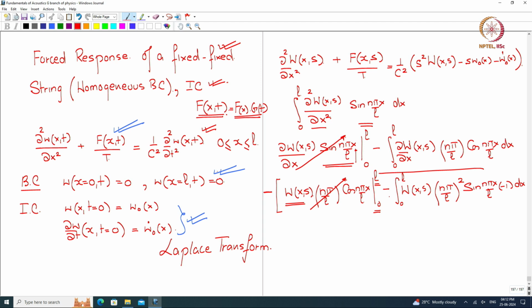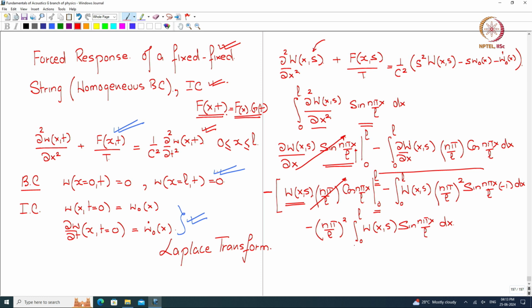So I end up with minus (n pi by L) whole squared, integral 0 to L w of x comma s sine n pi x by L dx. That is the effect of applying the transform on this.